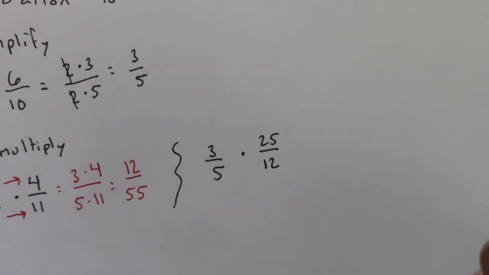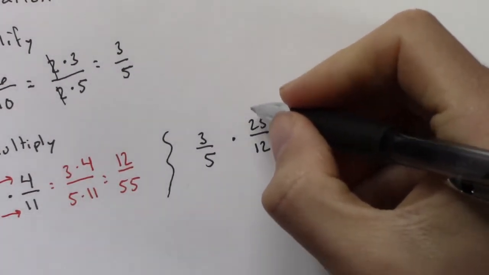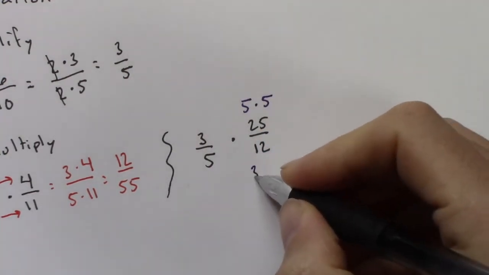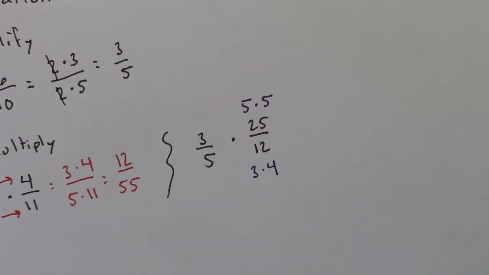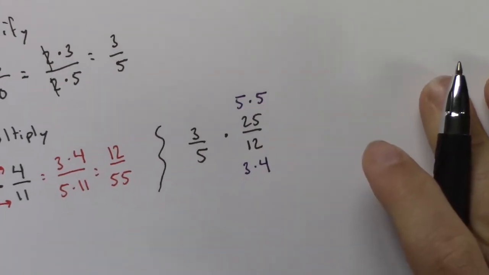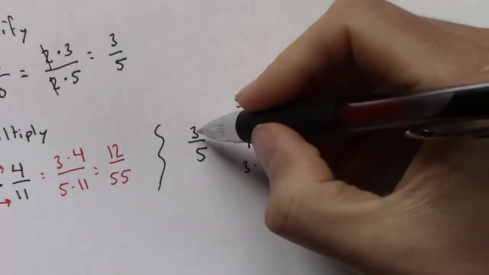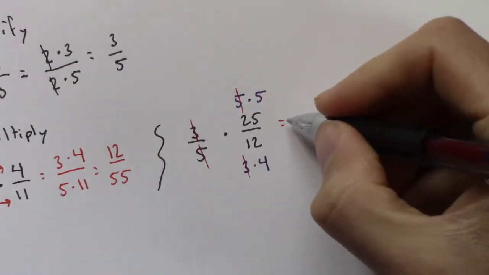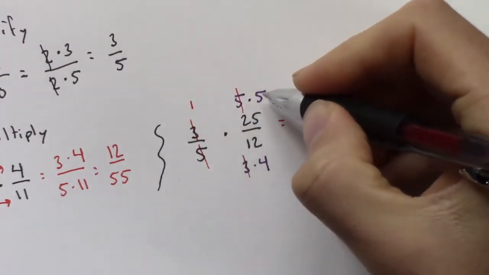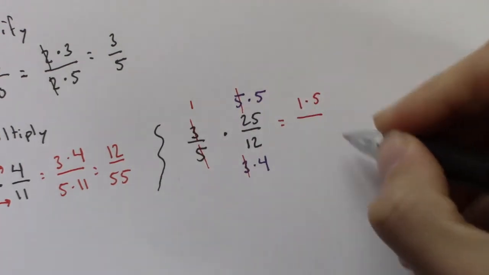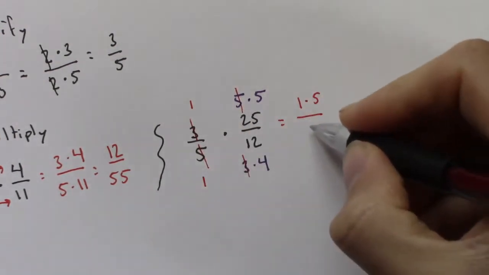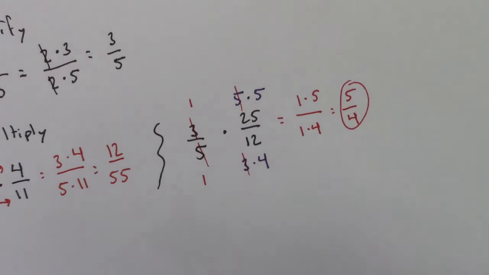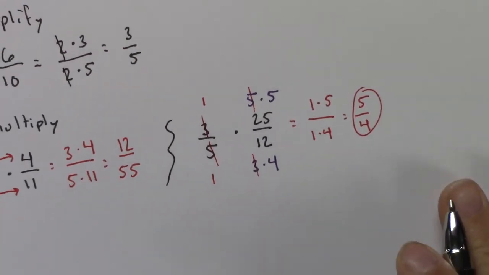But before we even get there, we could take note of the fact that this 25 is the same as 5 times 5, and this 12 is the same as 3 times 4, in which case, if I already know I have the same number on top and on bottom, I can cancel. So this 3 cancels with this 3. This 5 cancels with this 5, and what are we left with? I've got 1 times 5 on top for my numerator, and 1 times 4 on the bottom for my denominator, or just 5/4. We can multiply our fractions.